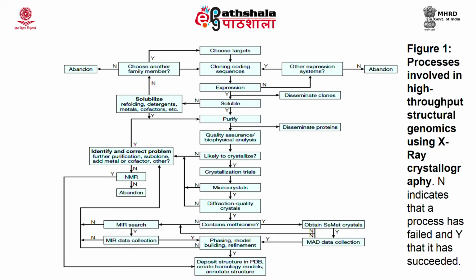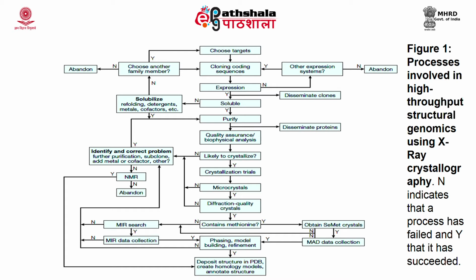The data obtained from NMR is then again deposited into the PDB to create homology models as well as to annotate structure. And if this protein is able to crystallize itself, then some of the time it might not contain methionine. In that case, this protein structure will be sent for MIR analysis, which is multiple isomorphous replacement analysis.